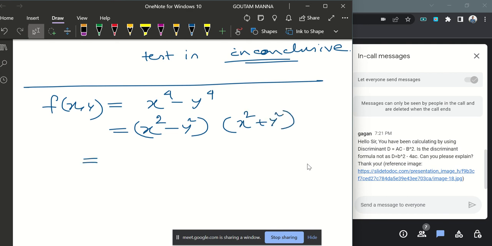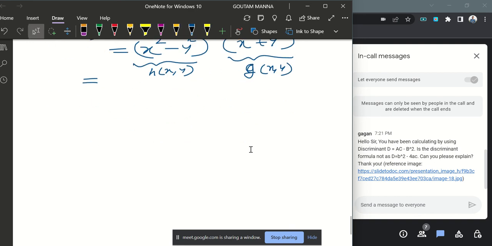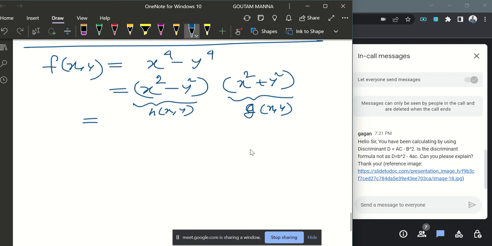So let's write x square minus y square as h of x y, and x square plus y square as, let's say, g of x y. So in that case, f is h of x y times g of x y.